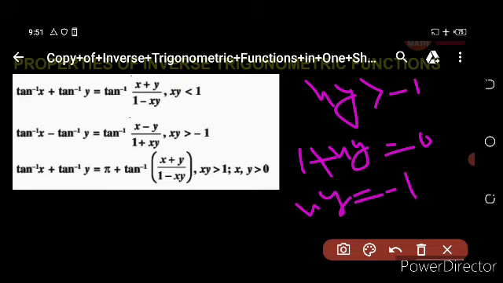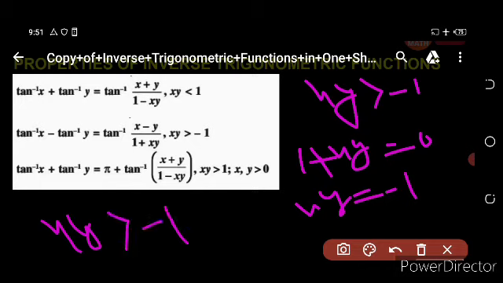So xy should be greater than minus 1. Why minus 1?